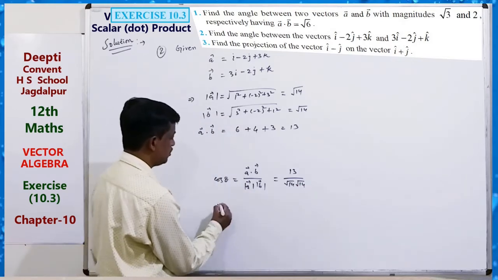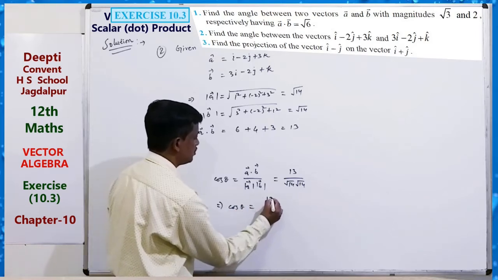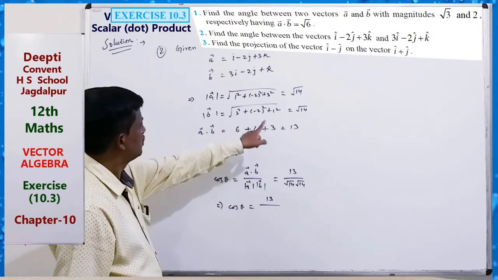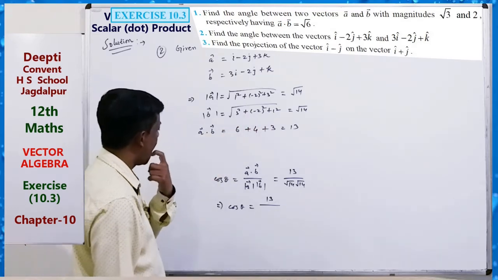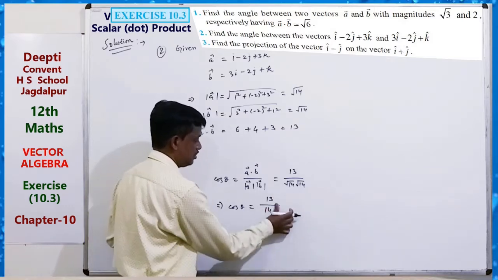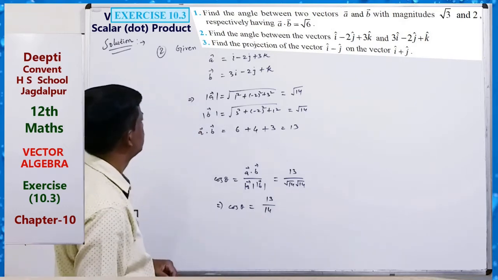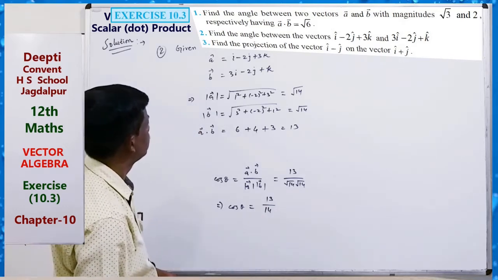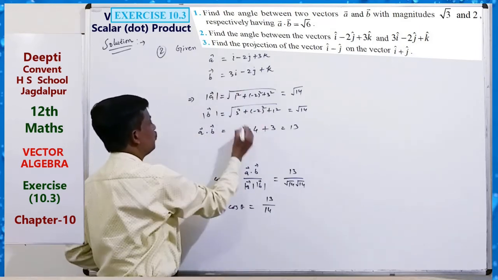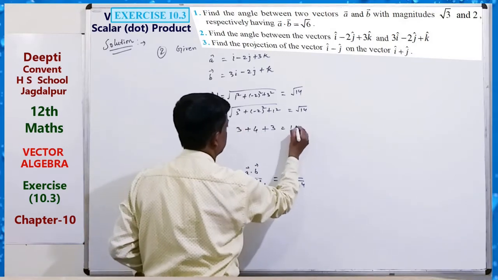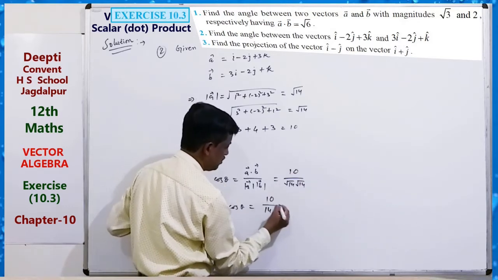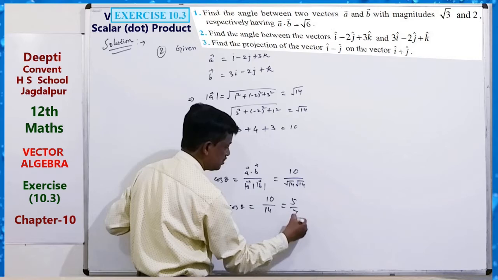So cos theta equals 10 by 14, which is 5 by 7.